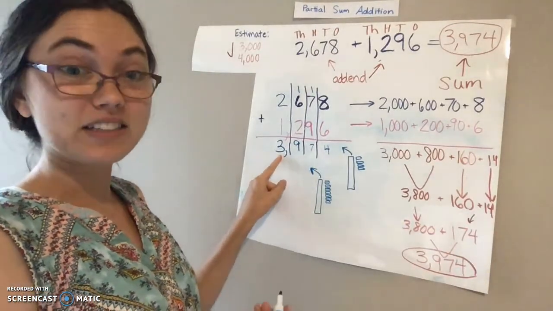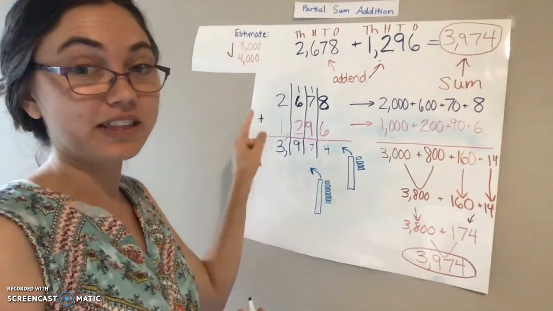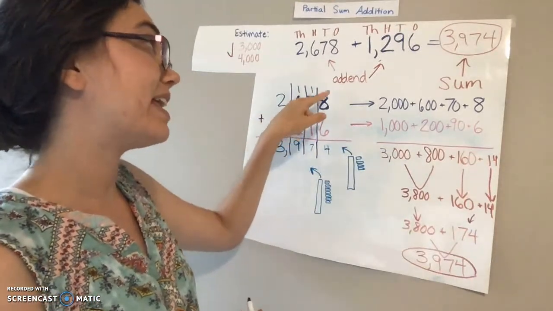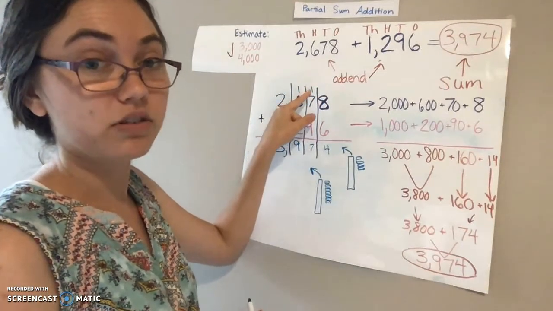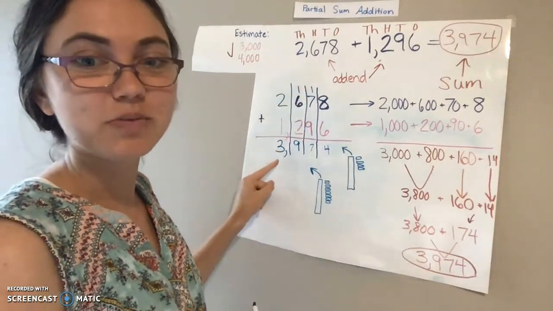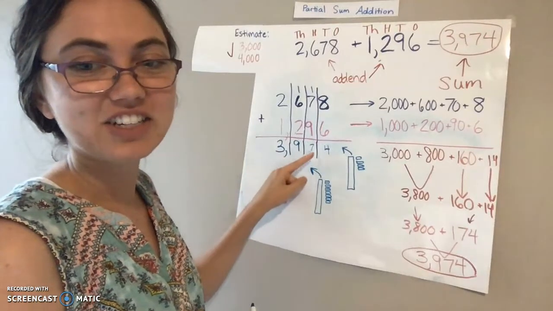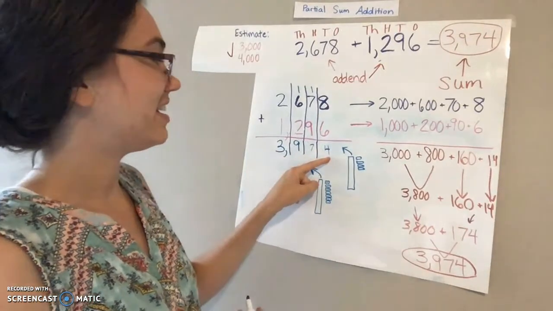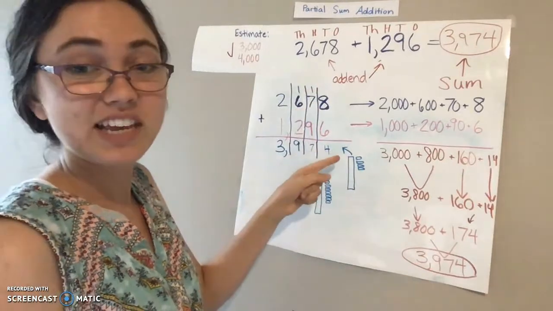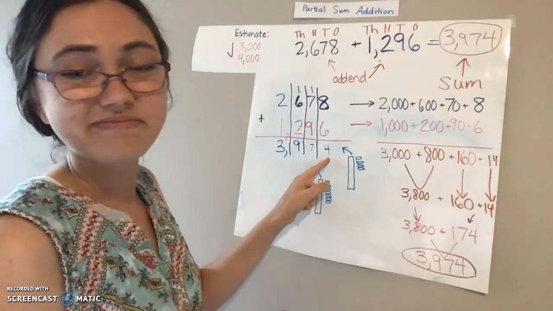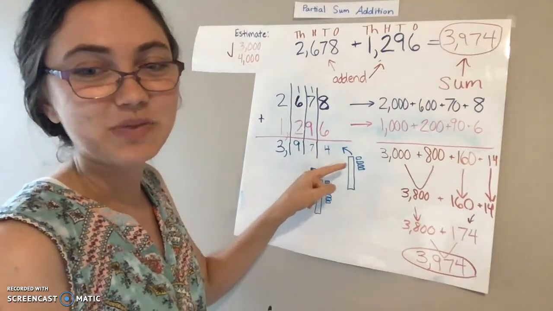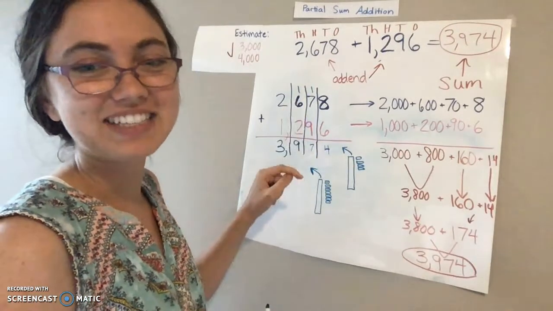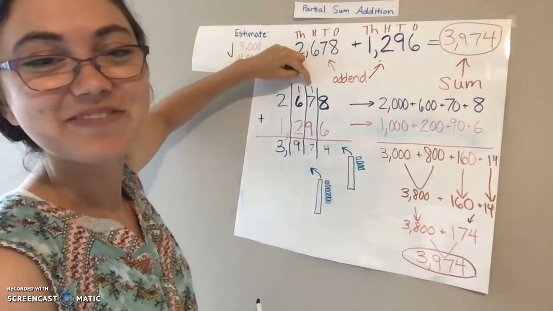So our answer using the standard algorithm, when we regrouped and carried over a value of 10, was 3,974. So remember, at first we got 14, and then we said, oh, we can only have 1 digit here. We're going to keep our 1s here. So we had to regroup and move that 10 over to right here.